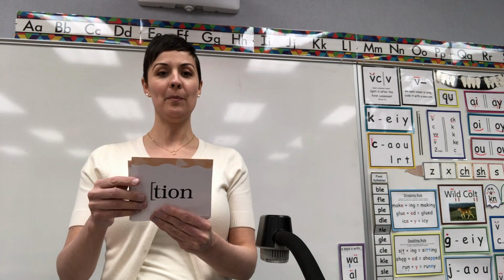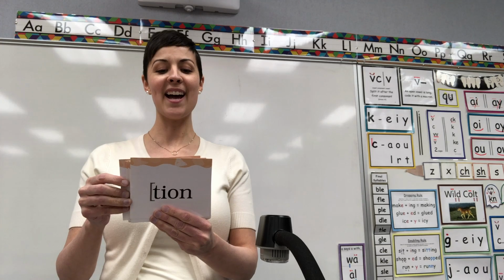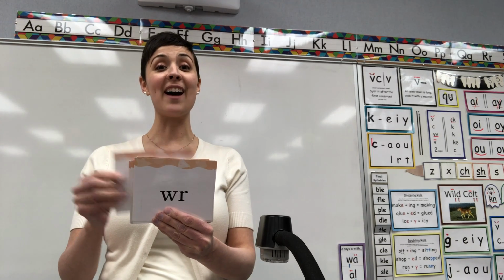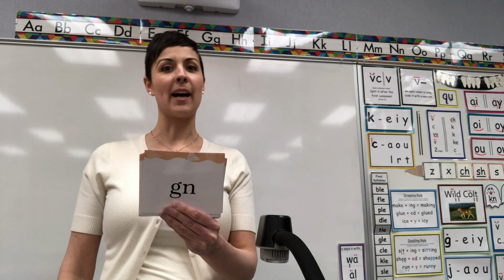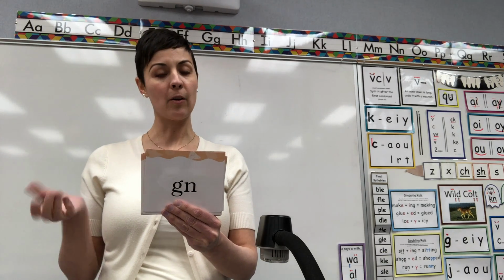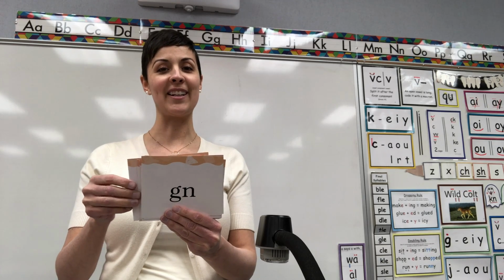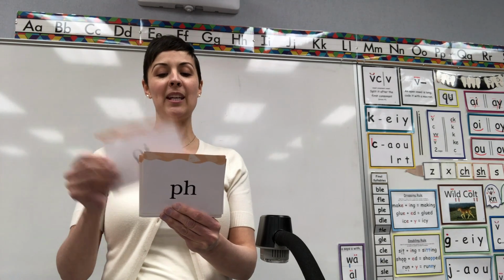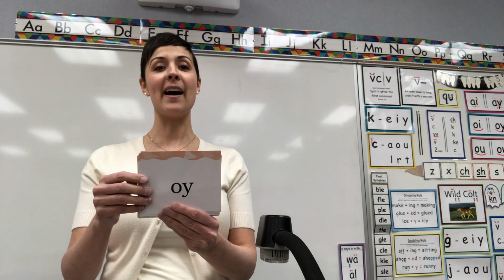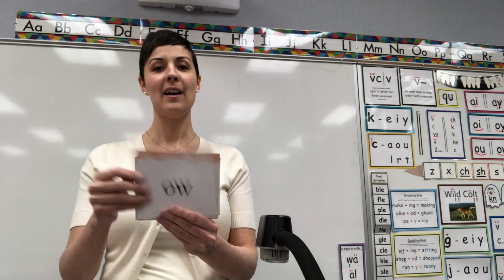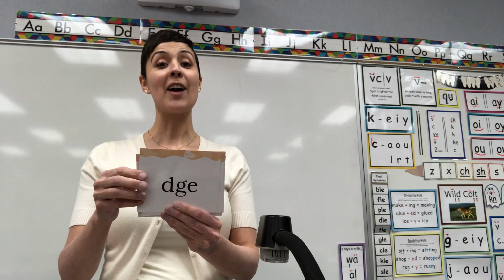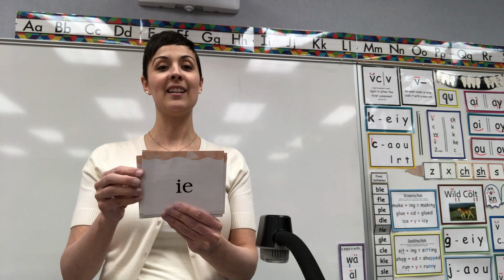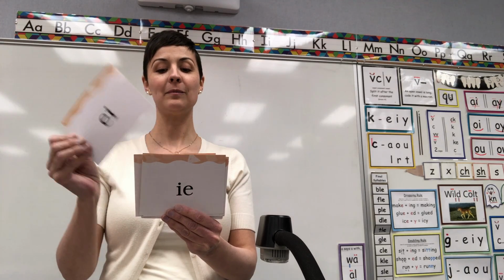Starting digraph AU. Digraph AU. Final syllable TION. Ghost digraph WR. Ghost digraph KN. Ghost digraph GN. I don't know how all the ghost digraphs stayed together. Starting digraph. Digraph PH. Diphthong OI. Diphthong OY. Diphthong digraph OW. Trigraph DGE. Digraph IE.